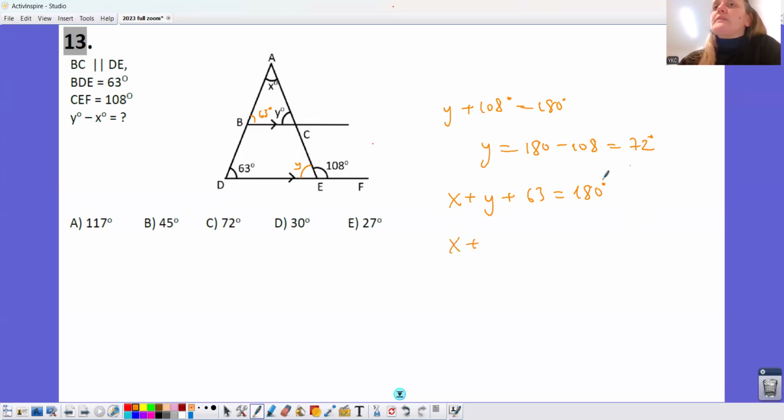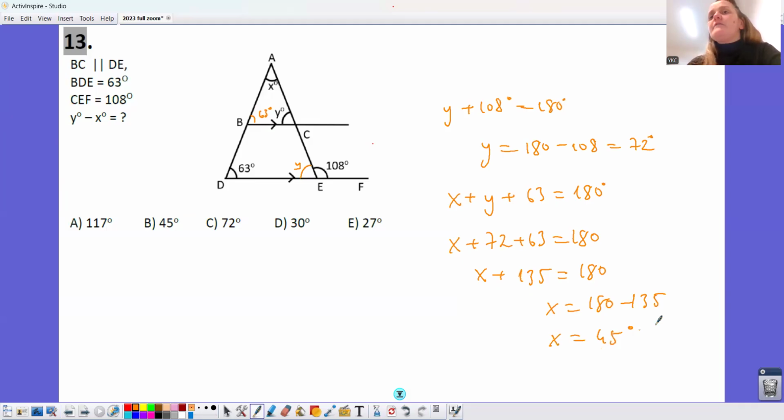So x plus 72 plus 63 is equal to 180. So x plus 135 is equal to 180. So x is equal to 180 minus 135, so x is equal to 45 degrees.